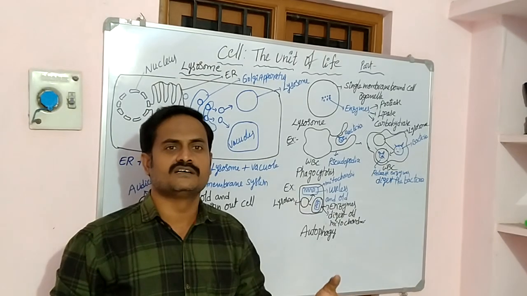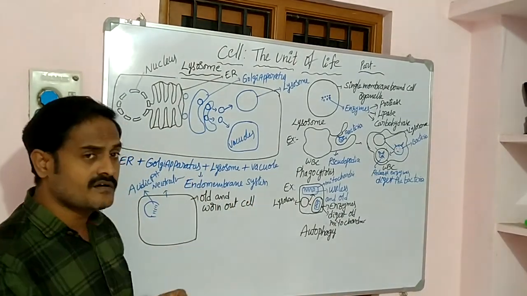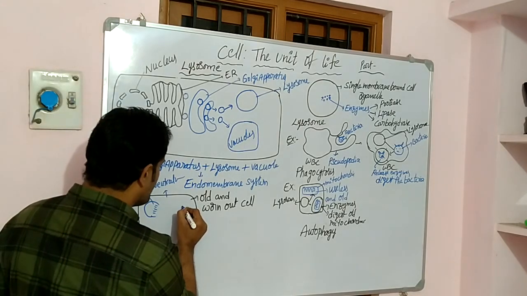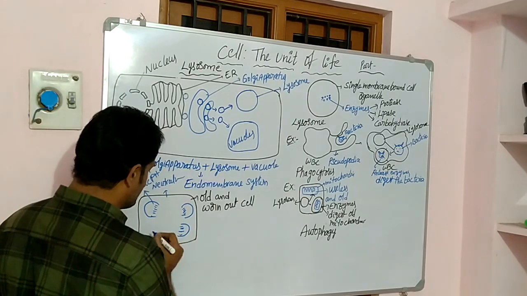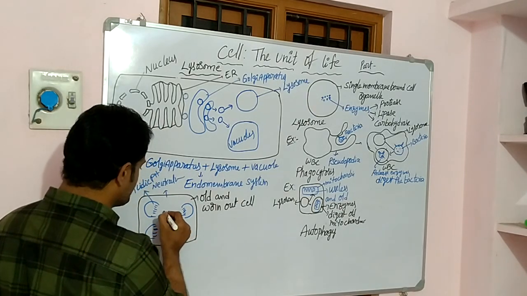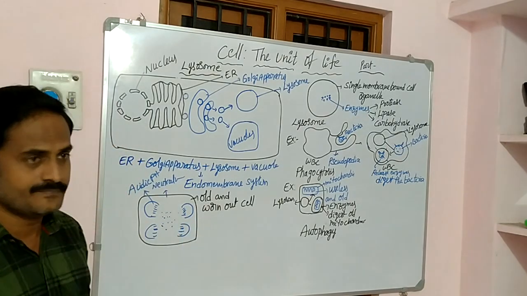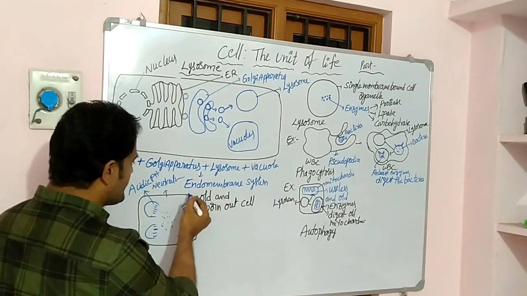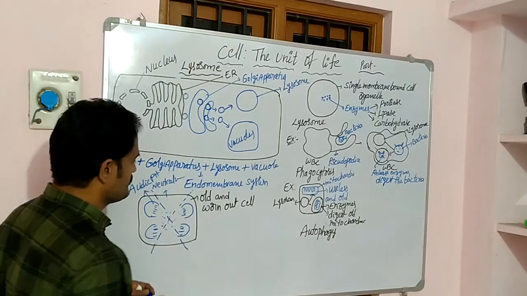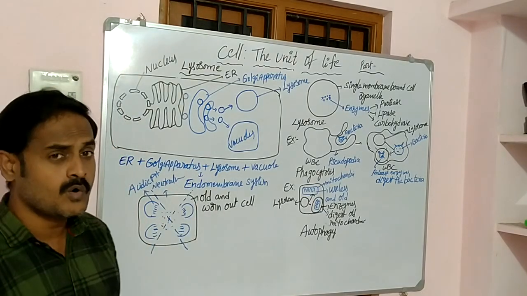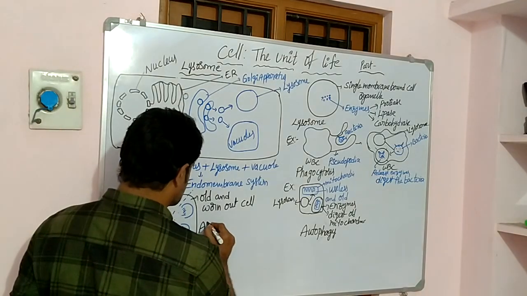Lysosomes release some enzymes into the cell like this. These enzymes destroy or digest the whole cell. This process is called apoptosis.